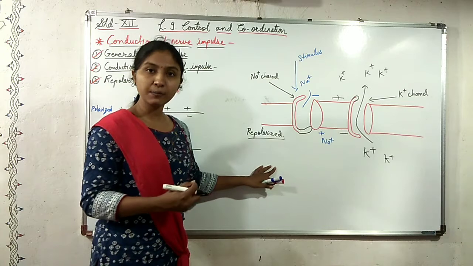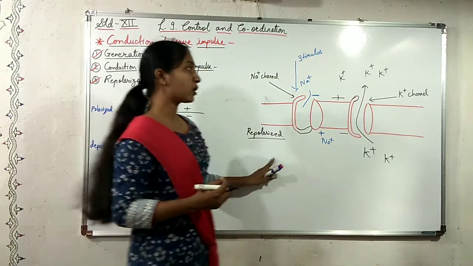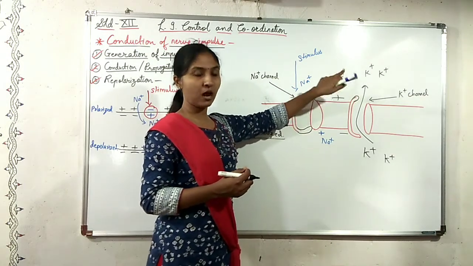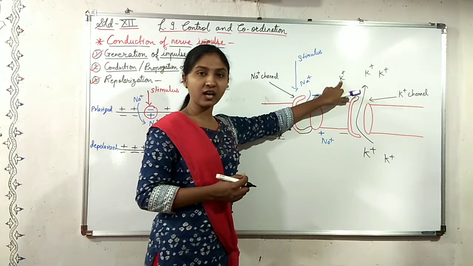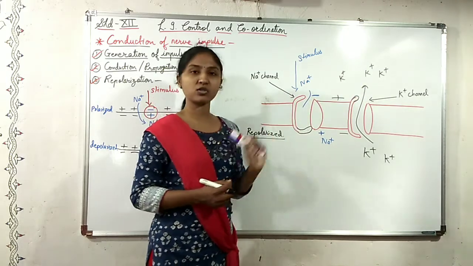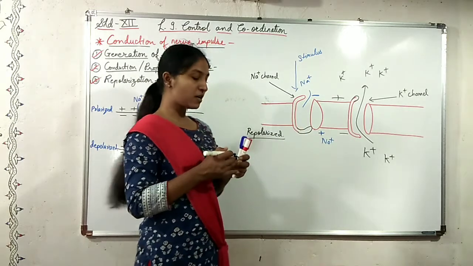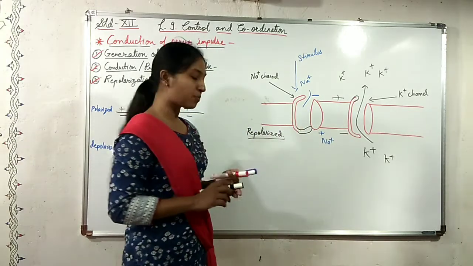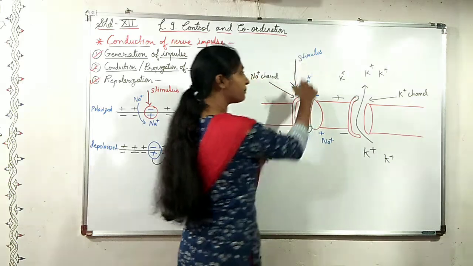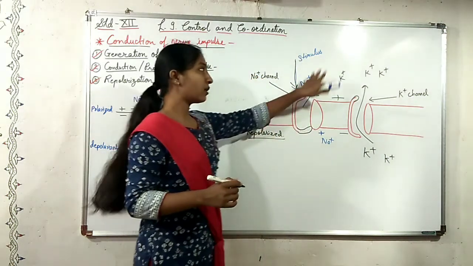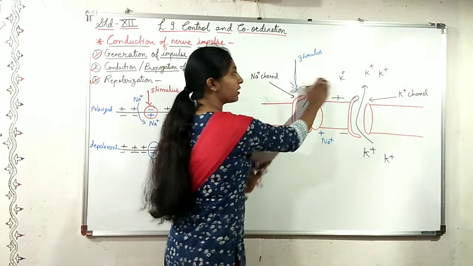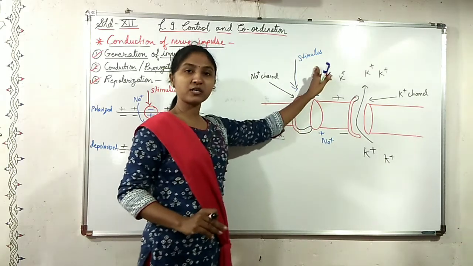But this repolarization is because of the potassium ions. The positive charge which the outer side of the membrane has gained again is because of the potassium ions, not because of sodium ions. Now even if another stimulus is provided to the membrane at this point, there are no sodium ions present outside.